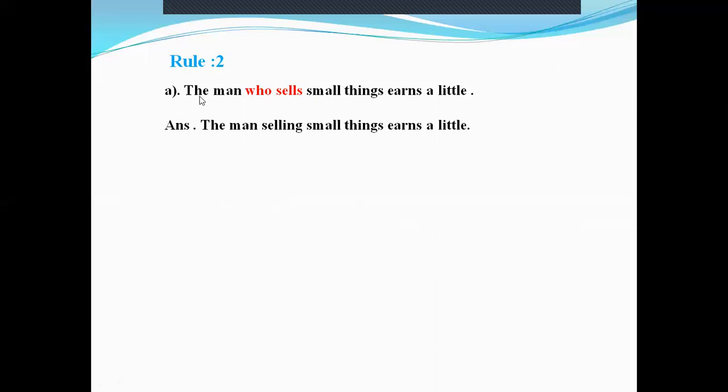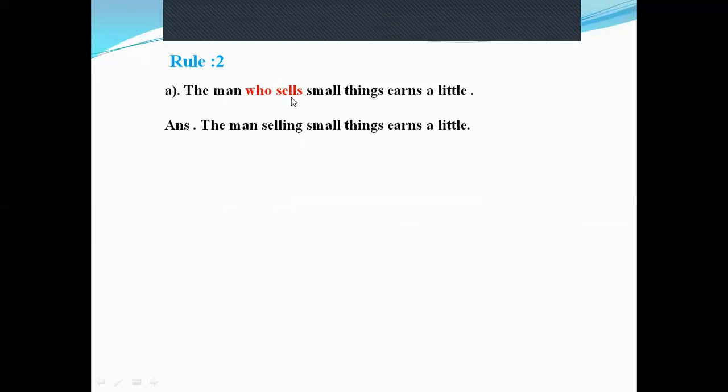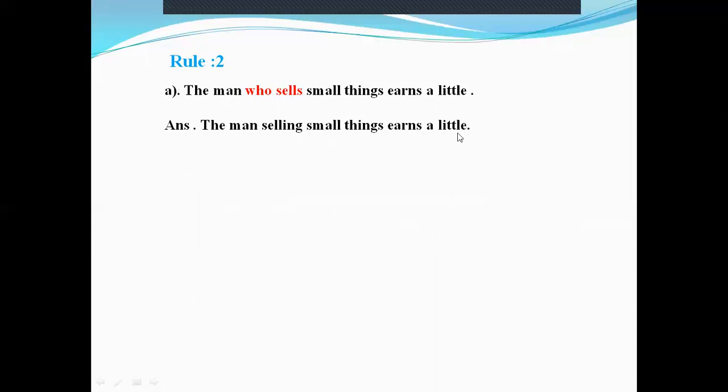So in order to transform or change a complex sentence to a simple sentence, where there is who and a main verb, omit who and use ing with the main verb. Then it will be, the man selling small things earns a little.